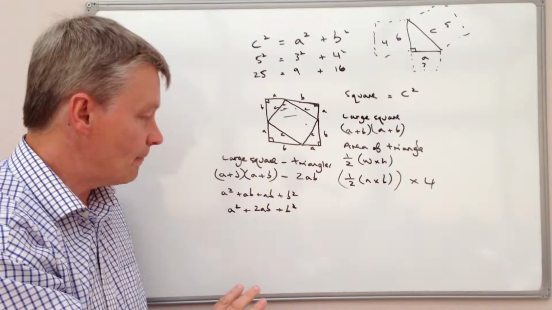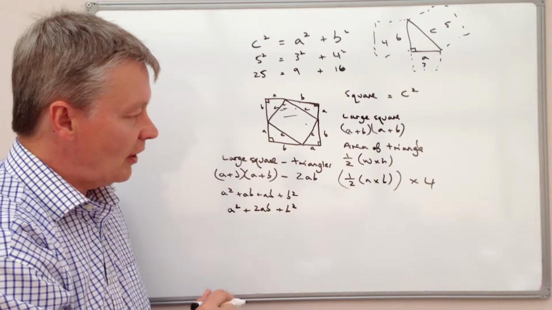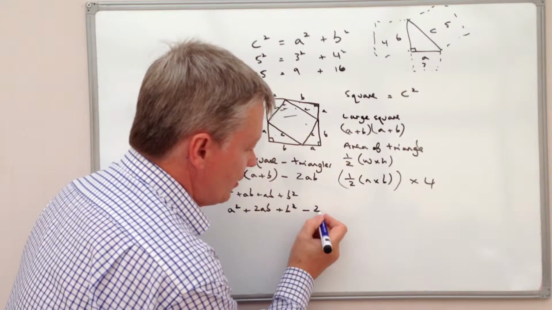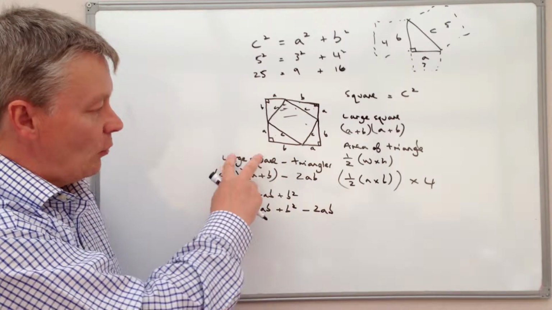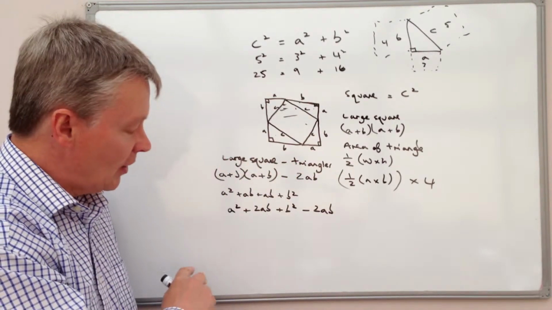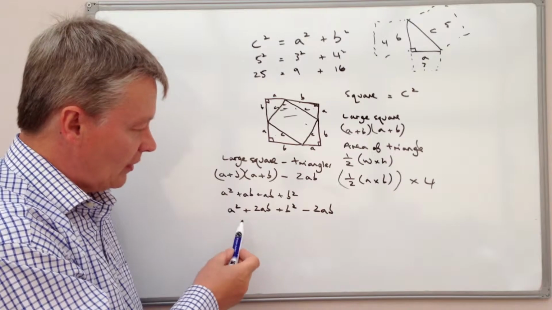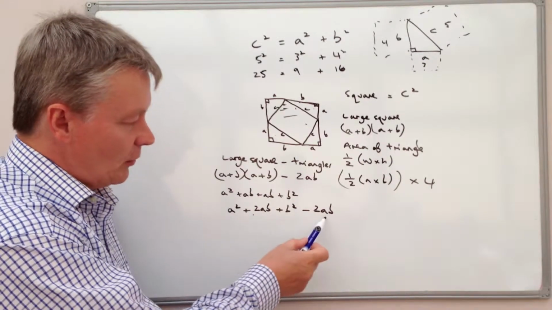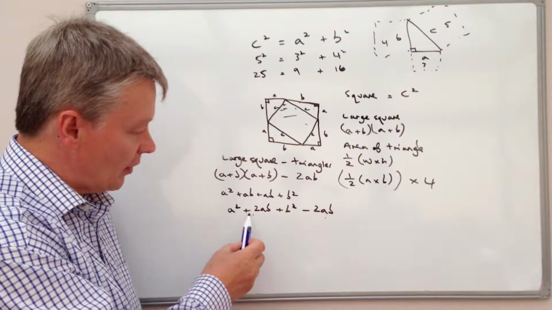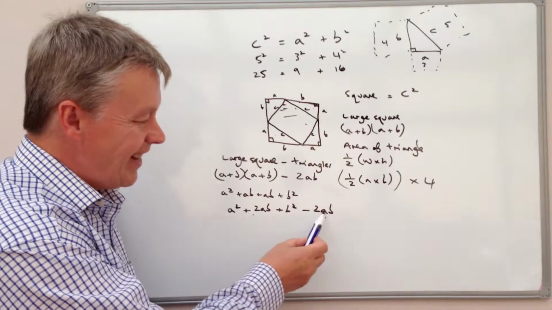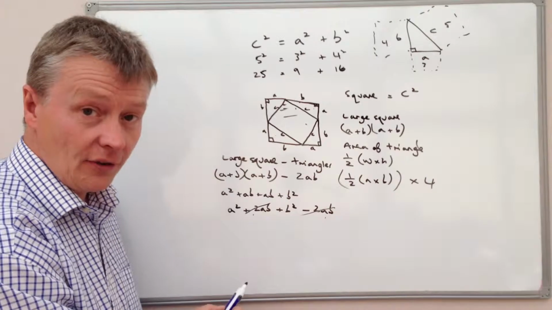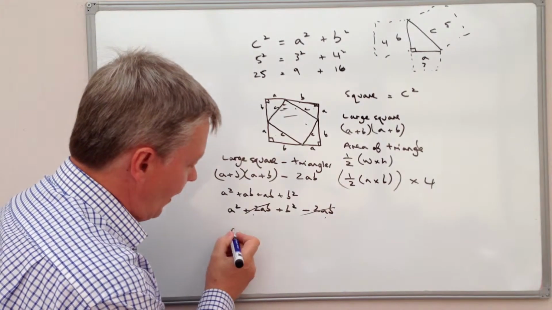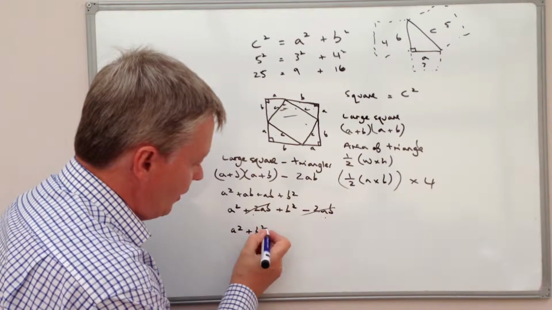large square. Okay, so the area of the triangles we said is minus 2AB, because we're taking the area of the triangles away from the large square. Well, if we do that, we've got two terms that we can cancel out, because we've got positive 2AB and negative 2AB. So if we cancel those two terms out, we're left with A squared plus B squared.